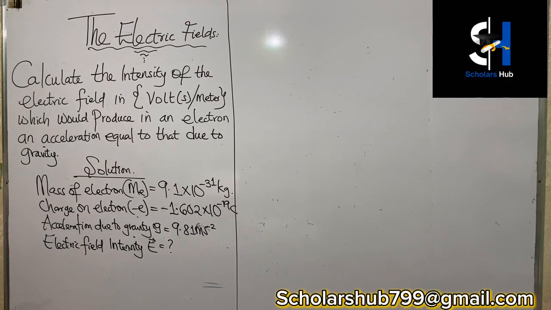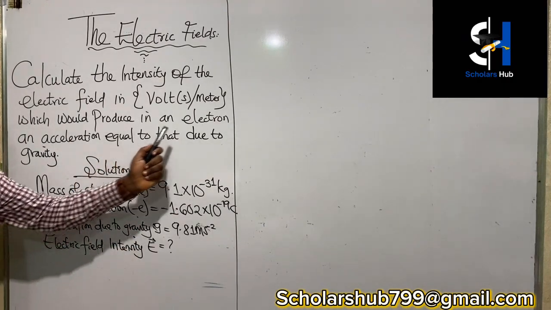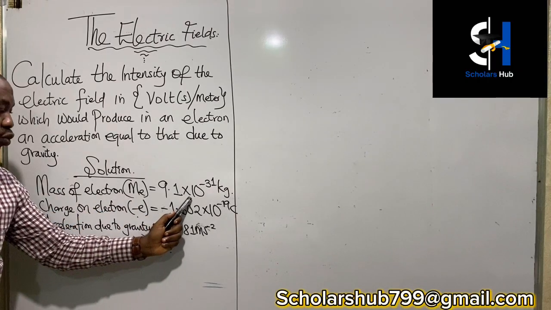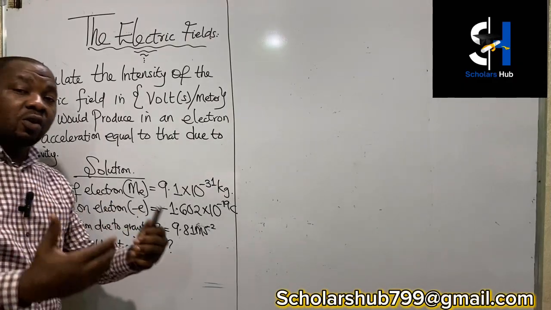Now to be able to calculate the electric field intensity, we have the mass of electron. When a force acts on the electron of mass 9.1 times 10 raised to the power of minus 31 kilograms, the force will develop an acceleration.